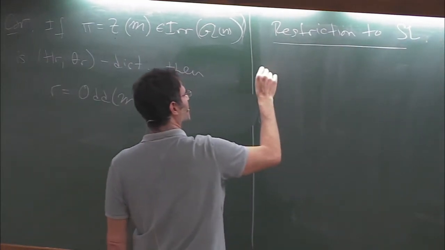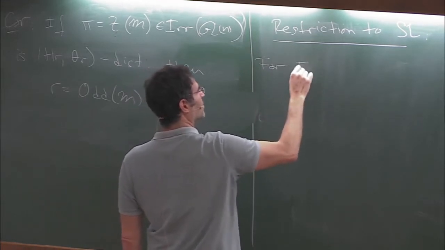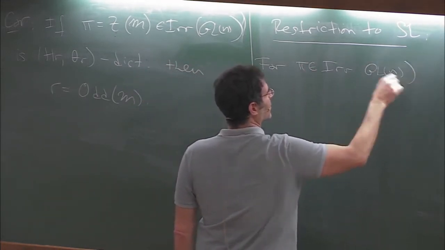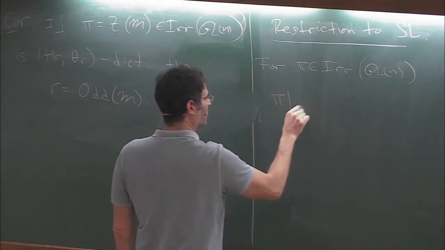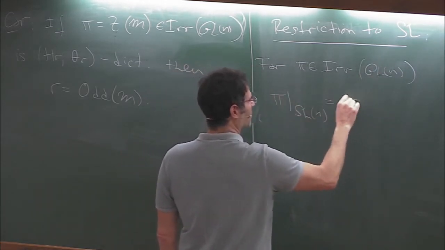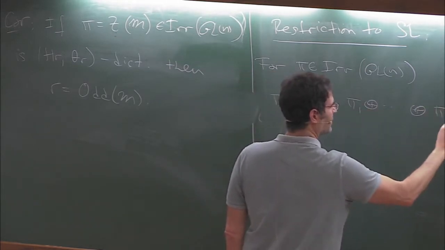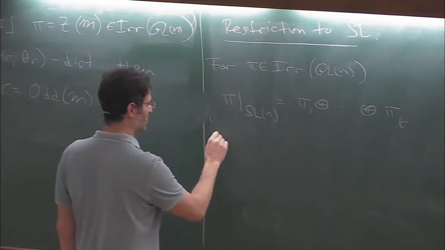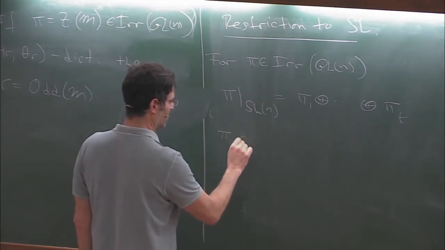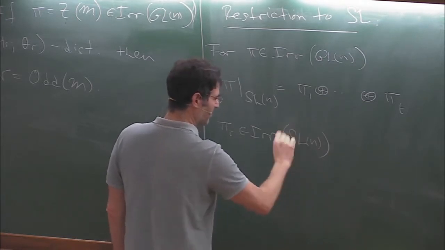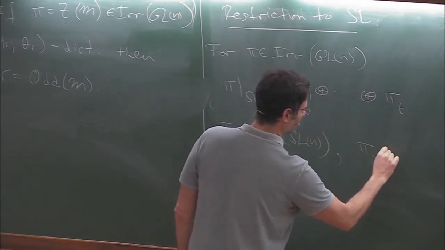So, for any irreducible representation of GLN, the restriction to SLN is multiplicity free and of finite length.